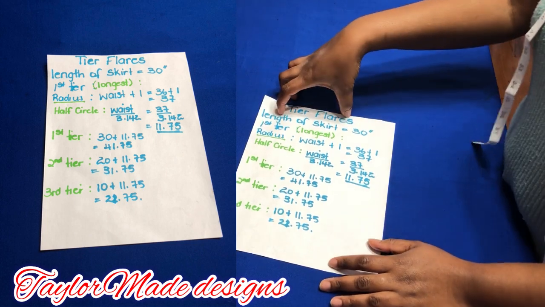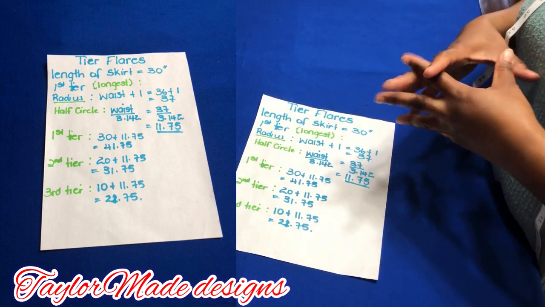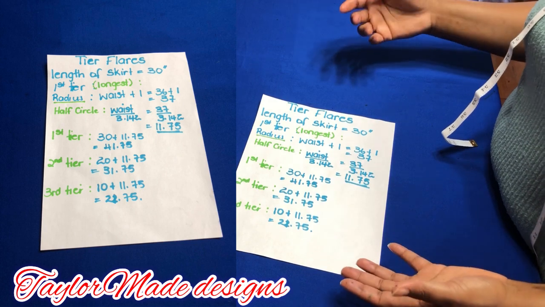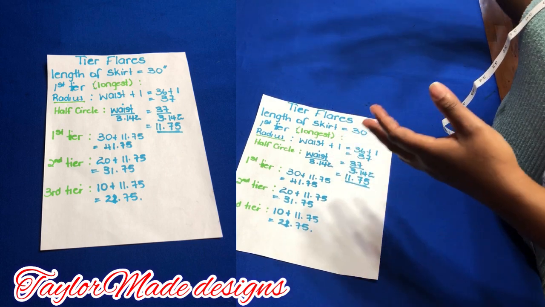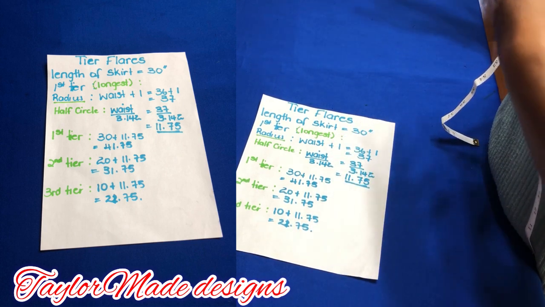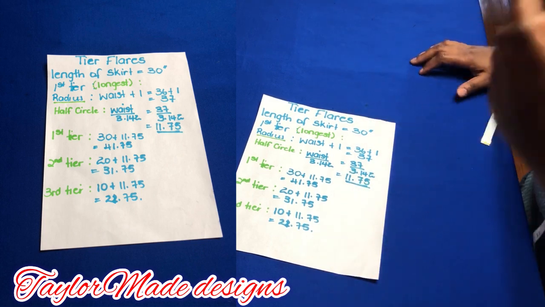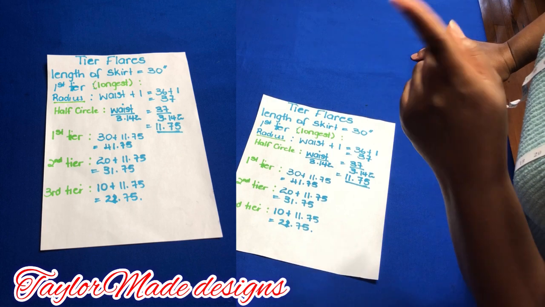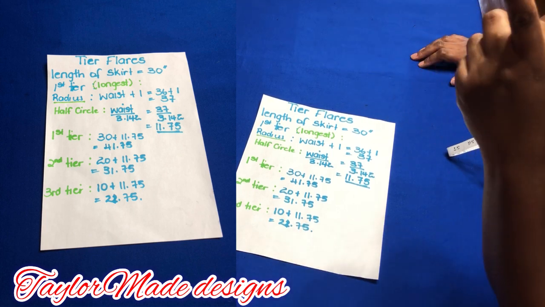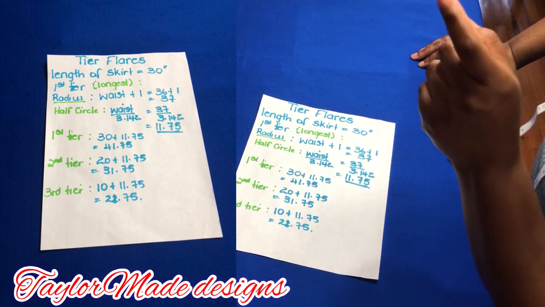Now I want the dress to be about 47 inches long. So if I deduct the upper part from the entire dress, I'll have 30 inches. So it means that the longest flare is gonna be 30 inches.